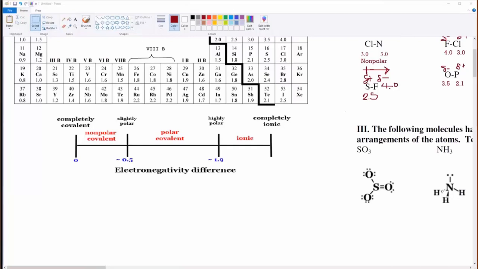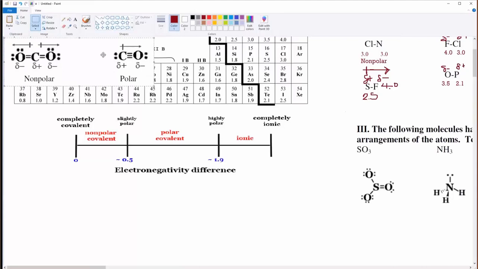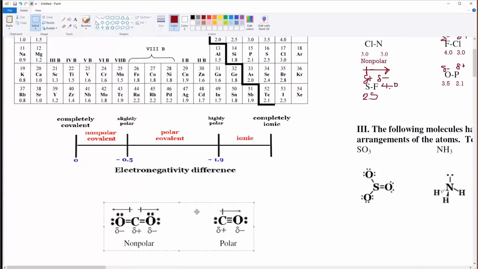So first of all, I think you should understand if the molecule doesn't have any polar bonds, then the molecule itself cannot be polar, because the polarity of the molecule, or the existence of a separation of charge, is based on the separation of charge in individual bonds. But here I have two molecules. I have CO and I have CO2. These are both molecules that exist in nature.